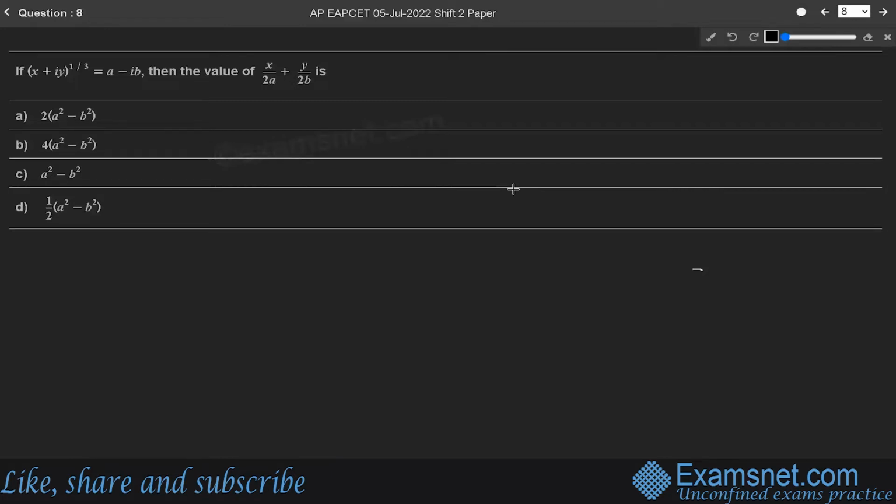Next question is, if (x plus iy) power 1 by 3 is equal to a minus ib, then the value of x upon 2a plus y upon 2b is. Our expression is given here, which is (x plus iy) power 1 by 3 is equal to a minus ib.